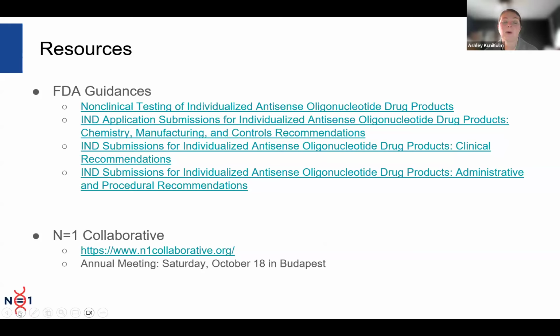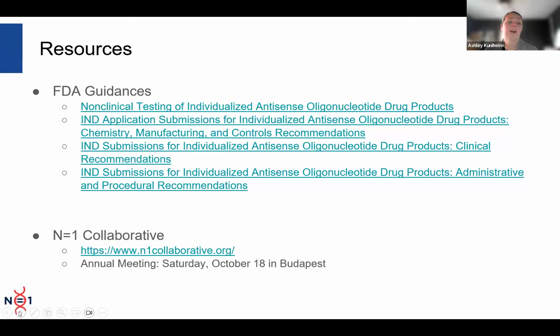There is a guidance about what considerations for chemistry, manufacturing, and controls are needed for these types of drugs. There is a clinical recommendations guidance that recommends what sort of monitoring should be done. And finally, there's an administrative and procedural recommendation. And a lot of what I was talking about today about recommending a pre-IND meeting and what the IND should look like and who should be the sponsor, that's covered in these guidances.